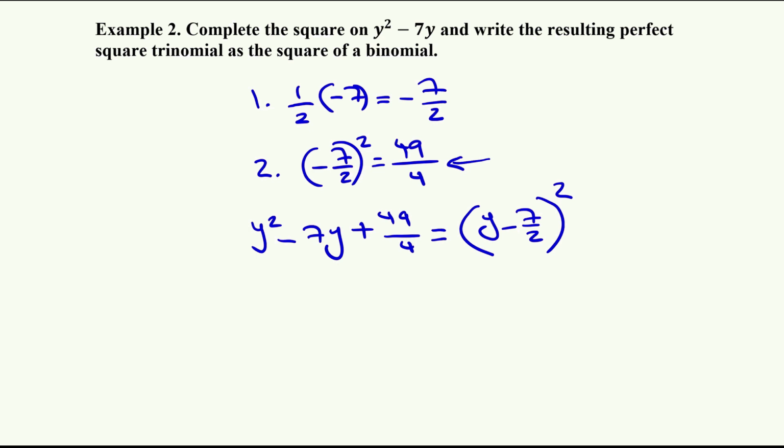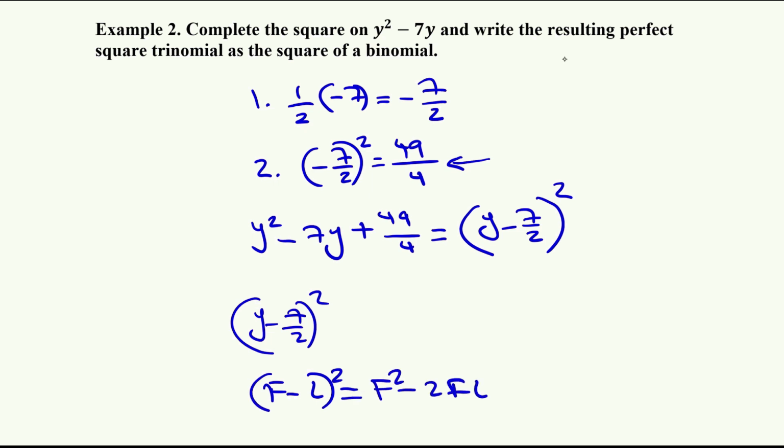Of course, you can verify that quickly by realizing that when you take y minus 7/2 and square it, you can use the rule that says f minus L squared equals f squared minus 2fL plus L squared. Here f will be y and L will be 7/2.